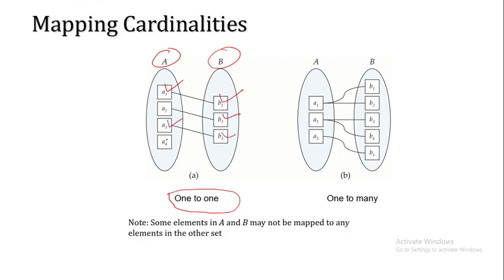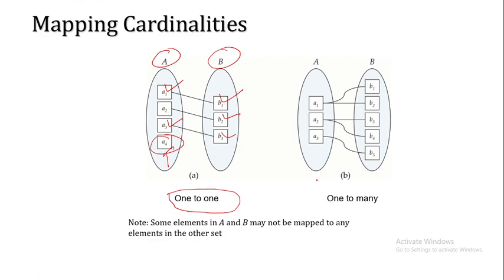But A4 is not mapped with any of the entities present in B. So some elements in A may not be mapped to any elements in the other set. It is not mandatory that all the elements in A be mapped with B, but it should be one to one: only one element of A should be mapped with one element of B.